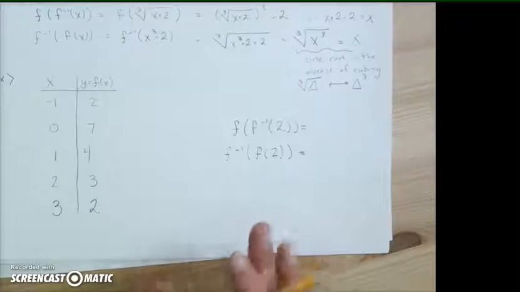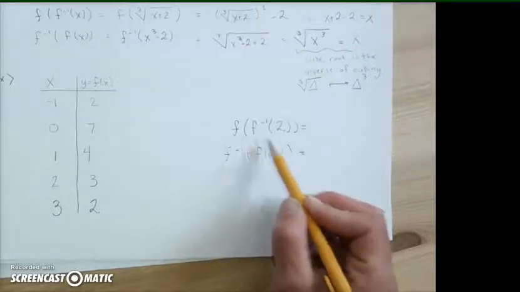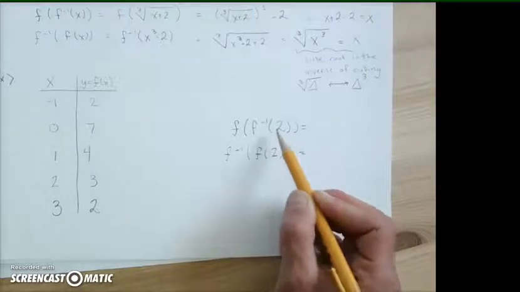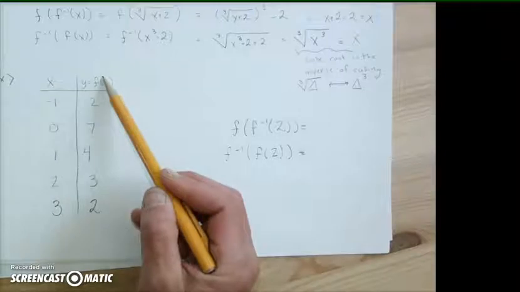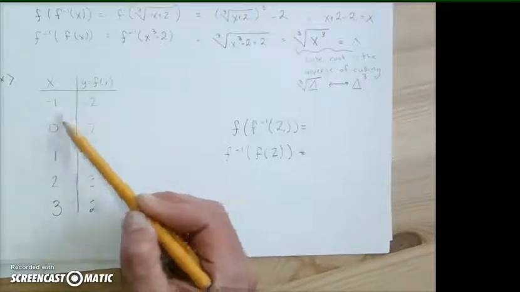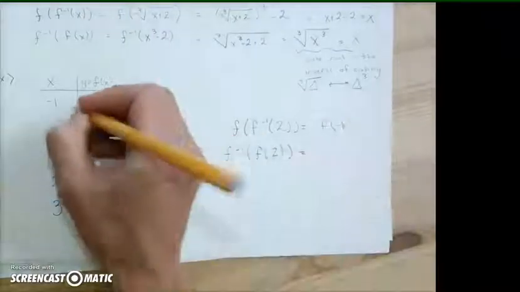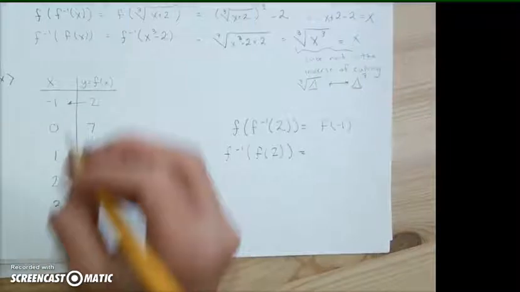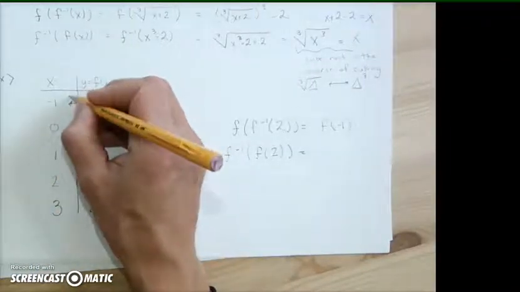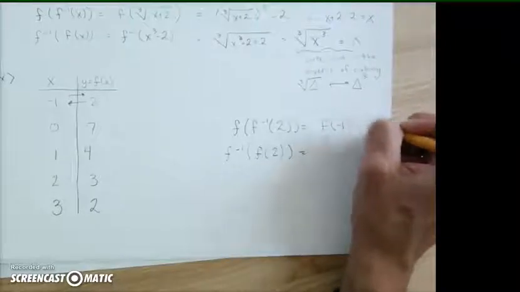One more example using the chart that we saw in the last video. If I do f of f inverse of 2. So remember, f inverse of 2 was the value of x that we plugged in to get out 2. We get out 2 when x is negative 1, so we have to do f of negative 1. We went that way to figure out what f inverse of 2 was. But then to do f of negative 1, we go in this direction on the chart. So we just go back. We get 2.